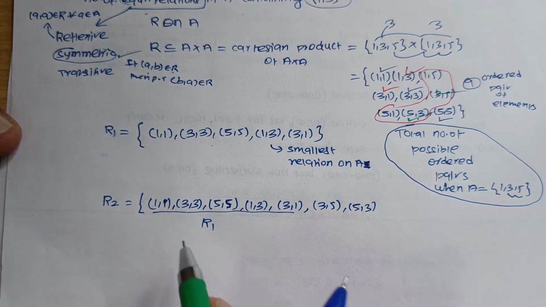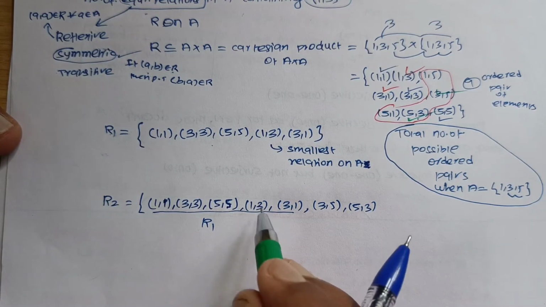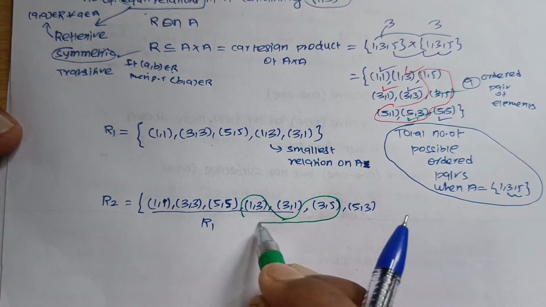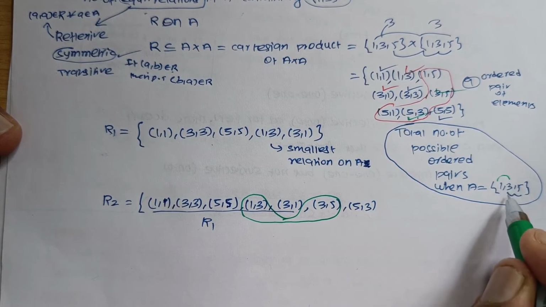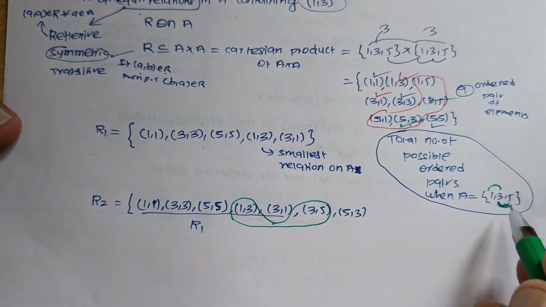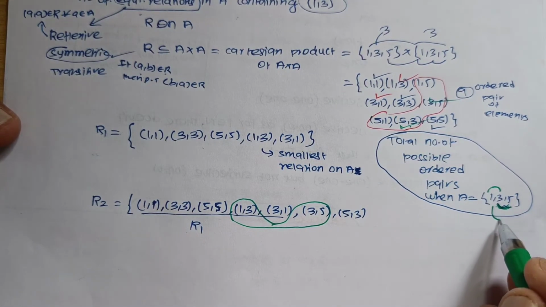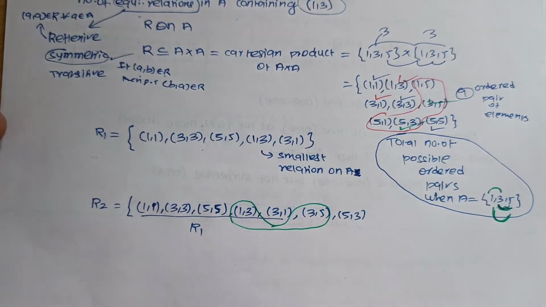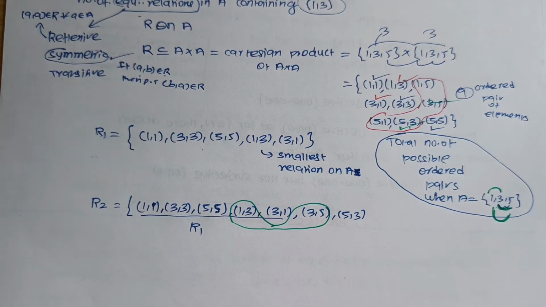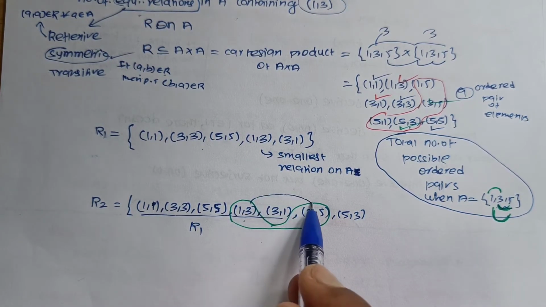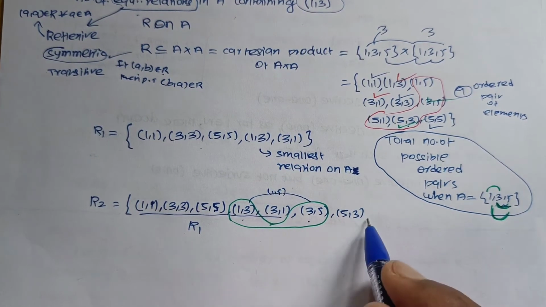In this equivalence relation we already have (1, 3) and (3, 5). Then we need to take (1, 5) to prove the relation is transitive. Since we already have (1, 3) and (3, 5), we need (1, 5), so add (1, 5) here.